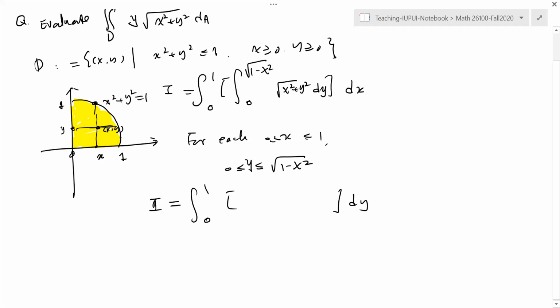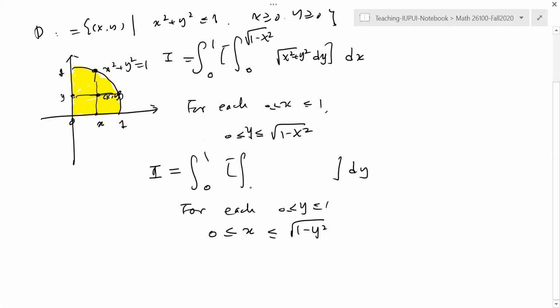So on the horizontal line, x will change. So for each y between 0 and 1, x is not arbitrary. It's greater than or equal to 0, right? But there's an upper bound for x. It's determined by that equation. The point on the circle is determined by x squared plus y squared equals 1. So you solve for x, you get the square root of 1 minus y squared. Okay. So you will get 0.